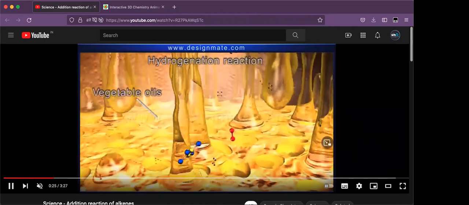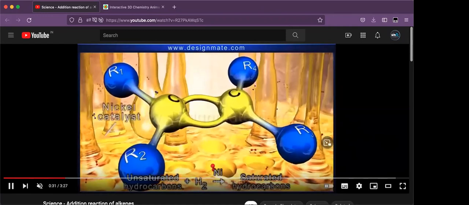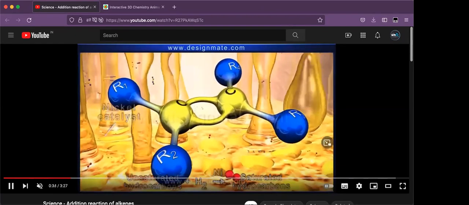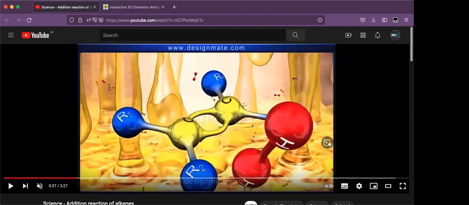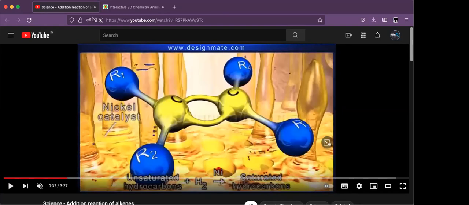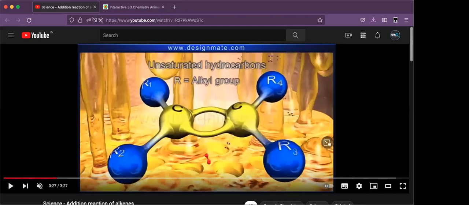So this is the unsaturated hydrocarbon. The best way to identify unsaturated hydrocarbons is that your ghee, butter, and things like that have unsaturated hydrocarbons.